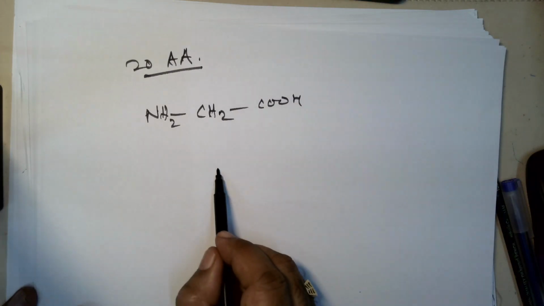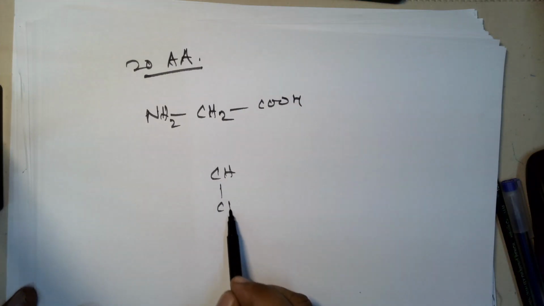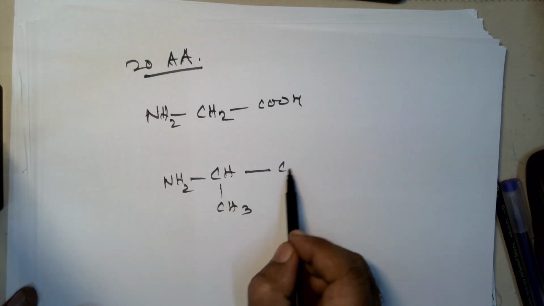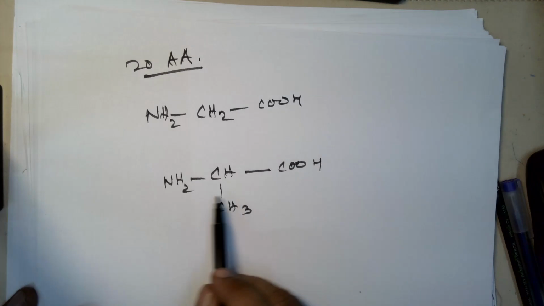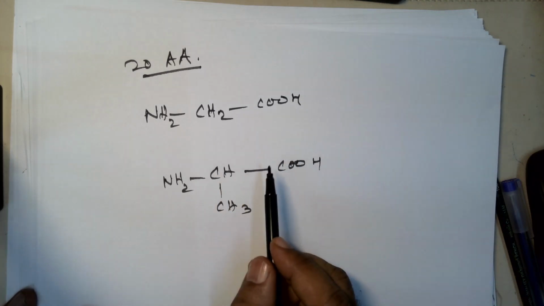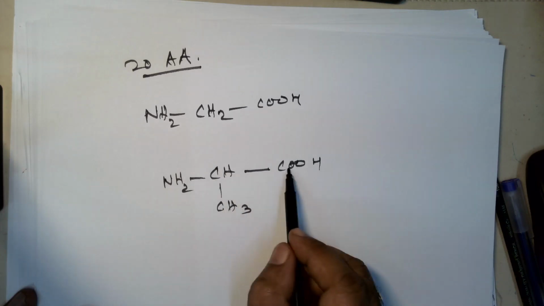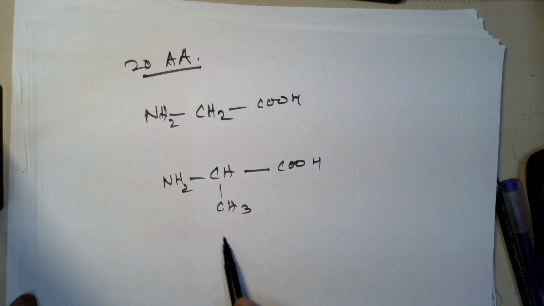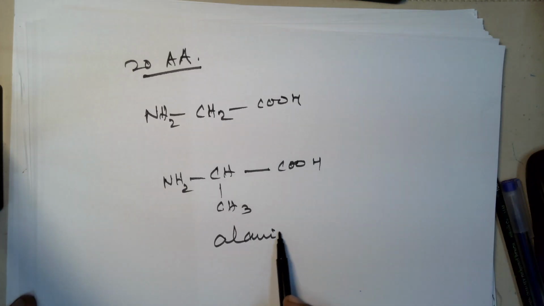Now we will have CH with CH3 and NH2. What do you call this? This is also alpha, because this is alpha. Counting 1, 2, 3, it is propanoic acid. So 2-amino propanoic acid is called alanine.